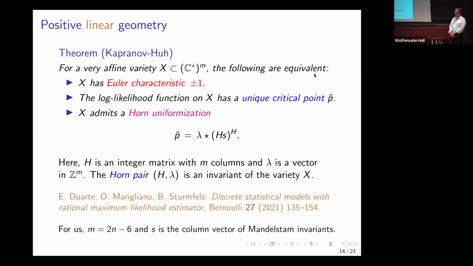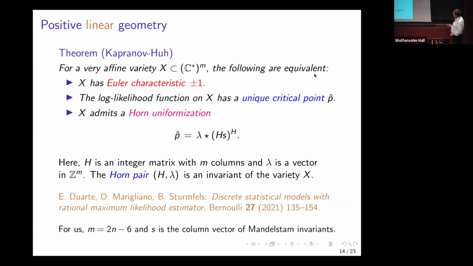We heard about GKZ hypergeometric functions. So Kapranov came up with this Horn uniformization. This was then further developed a couple of years ago, and then we took this back into statistics, where complex numbers are real and positive. I think this paper is a good reference to read about this theorem. It says the following.